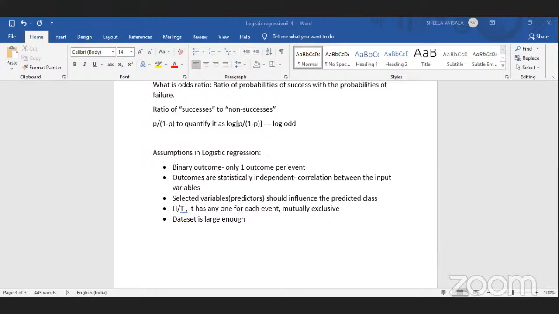Why do we take it as n minus 1? Simply because null deviance shows how well the response is predicted by the model with nothing but an intercept. And similarly, residual deviance shows how well the response is predicted by the model when the predictors are included.